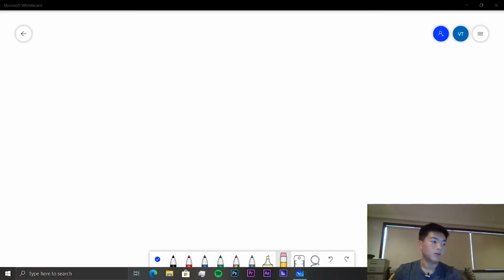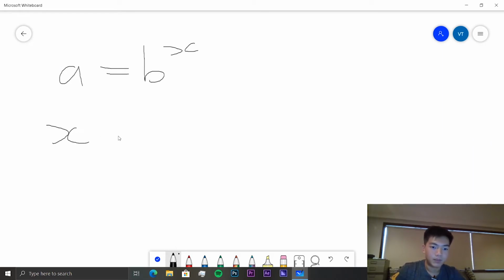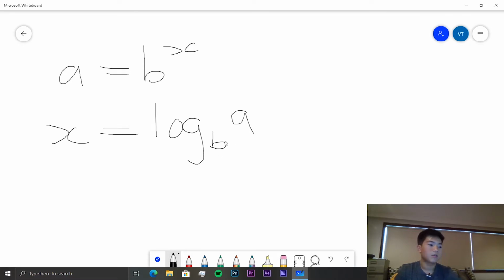So, what is a logarithm? Well, we already know what an exponent is, right? We have a number equal to another number raised to a power. A logarithm, with these exact numbers, says the power x is equal to log base b of a. So a and b are positive real numbers, and b is not equal to 1.